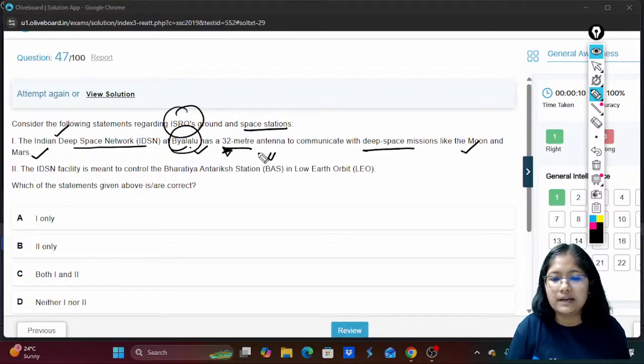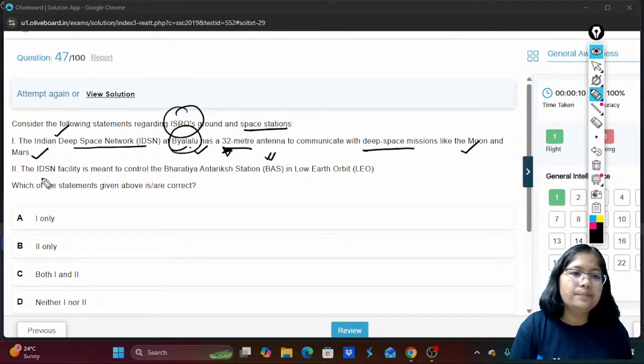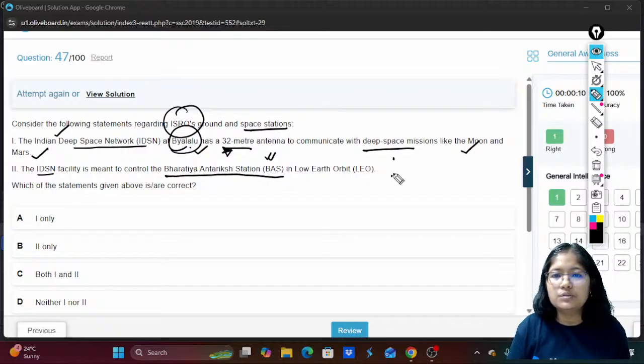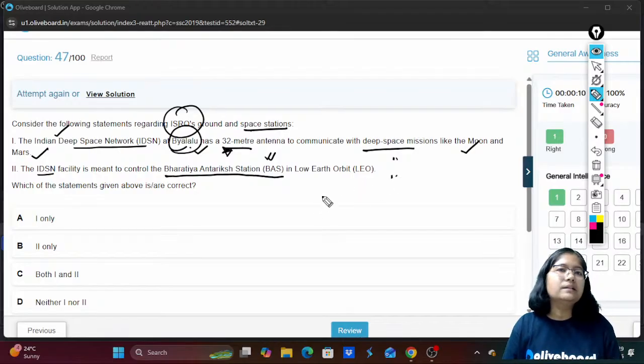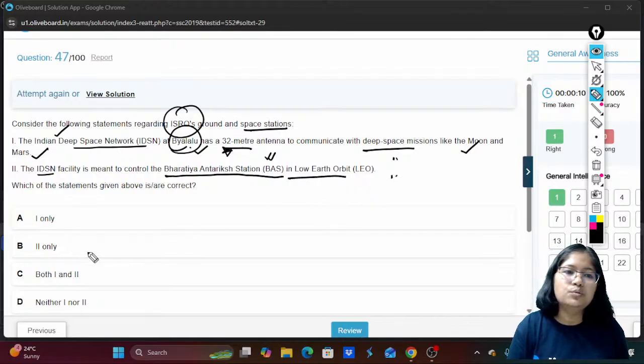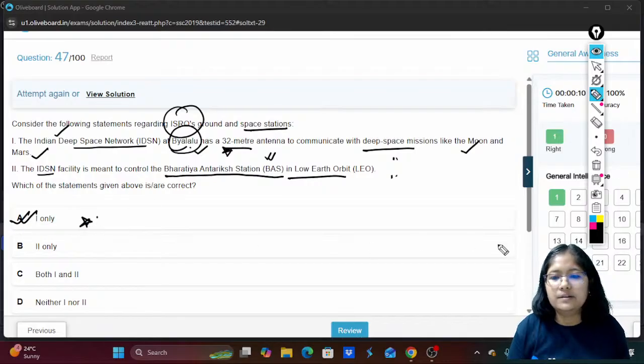This statement is correct, so option A is correct. The IDSN facility is meant to control the Bharatiya Antariksh stations. So these two statements may not be correct at the same time, right? So this idea we also get. So 2 is not correct and 1 only is the correct answer here.